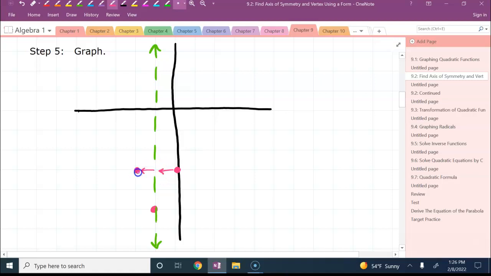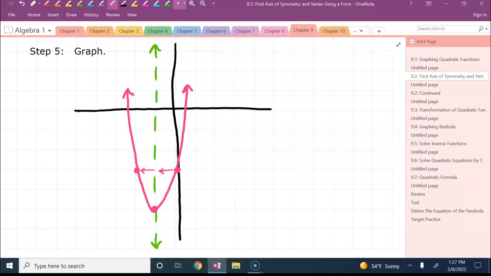So I can draw another point right there. And then, because I've got 3 points here, I can sketch in the general shape of this quadratic. And remember, all those quadratic graphs have that curved shape. They've got that U-ish kind of shape happening on the graph there.